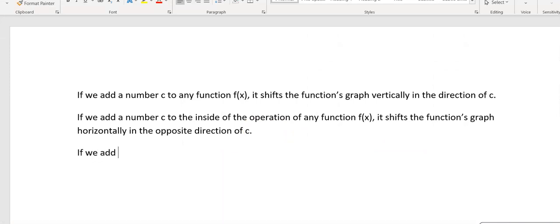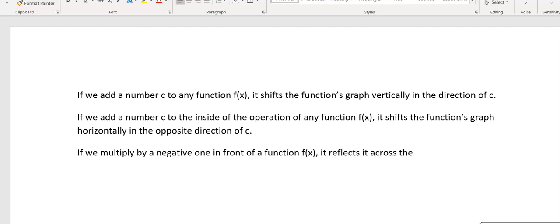If we multiply by a -1 in front of a function f of x, it reflects it across the x-axis.